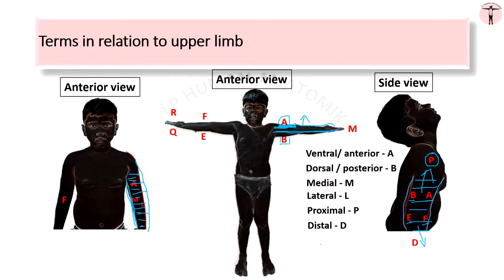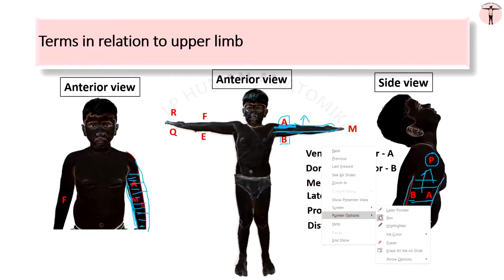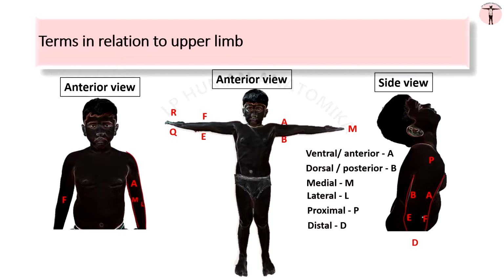Now when we take the relation with the two structures A and F, A is proximal, okay, it is closer to the root of the limb, and F is away from the root of the limb, when compared with the two structures.